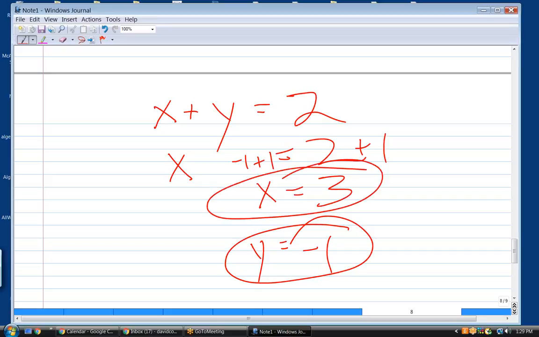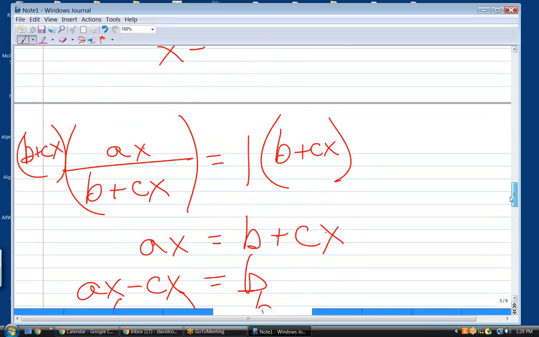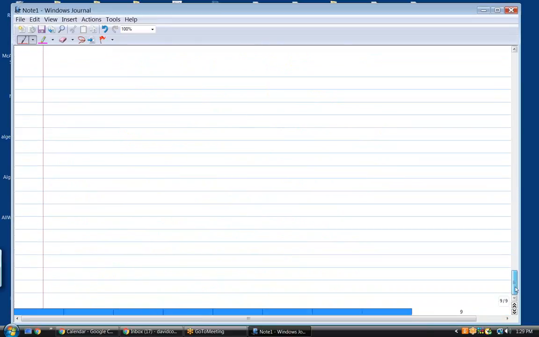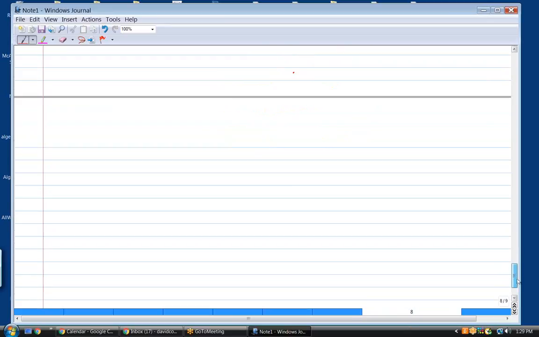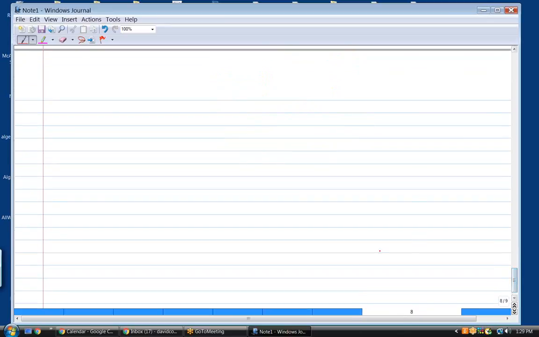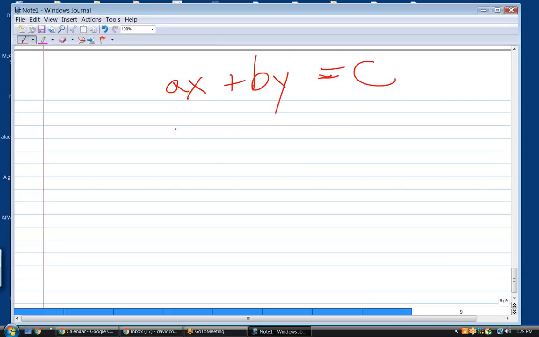Same 2 solutions we got doing it the other way. The only difference is the way that the 2 equations were presented to us. In other words, if they're presented to you like this, that's considered standard format.